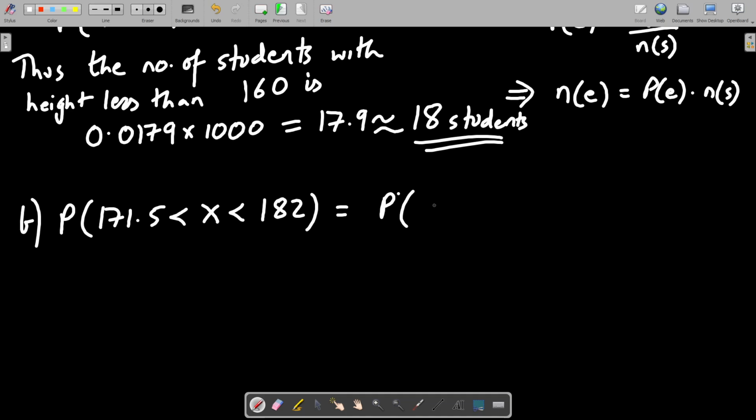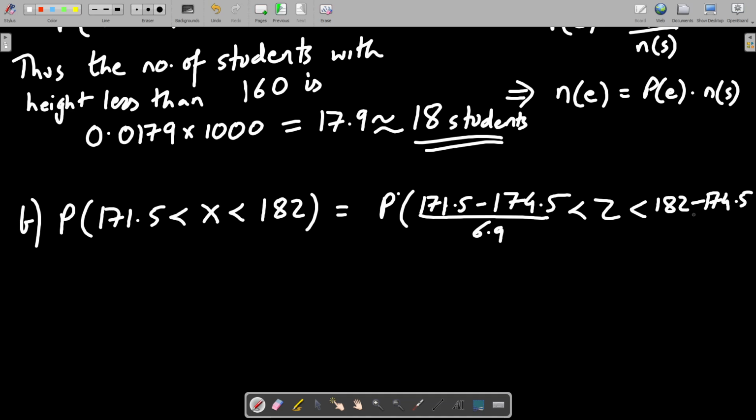So this will be probability of 171.5 minus 174.5 divided by 6.9 is less than Z is less than 182 minus 174.5 upon 6.9. Okay, this is going to be probability of minus 3 divided by 6.9 is less than Z is less than 7.5 divided by 6.9.